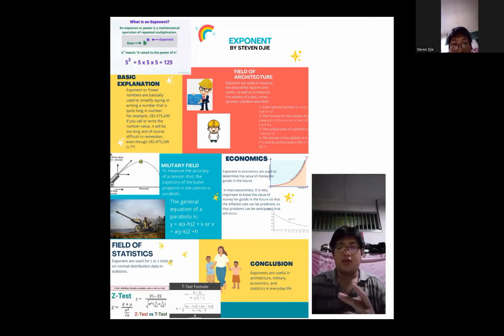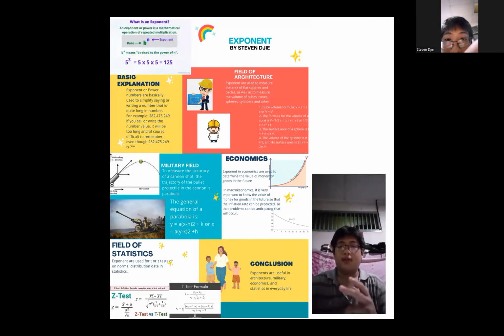There are the formulas of cubes, cones, spheres, and cylinders, and they include an exponent. That means exponents are used in the field of architecture in real life, for making buildings, for example, or making a construction.